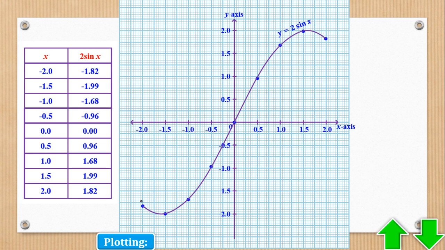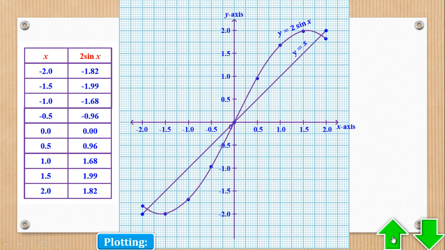Then they also wanted the line y equal to x, so that means the y value is the same as the x value. So negative 2 with negative 2 gives that, and 2 with 2 gives that. So you can draw using a ruler, and label the graph.